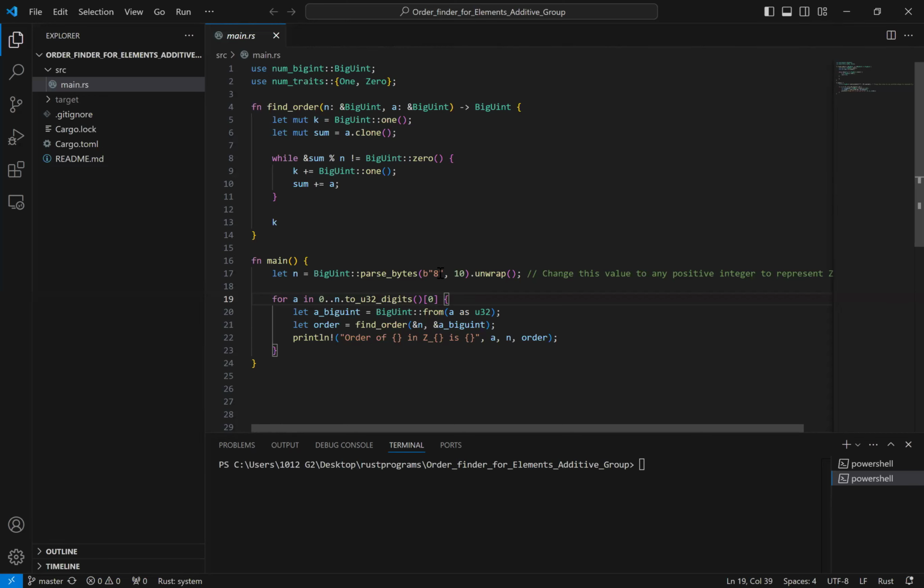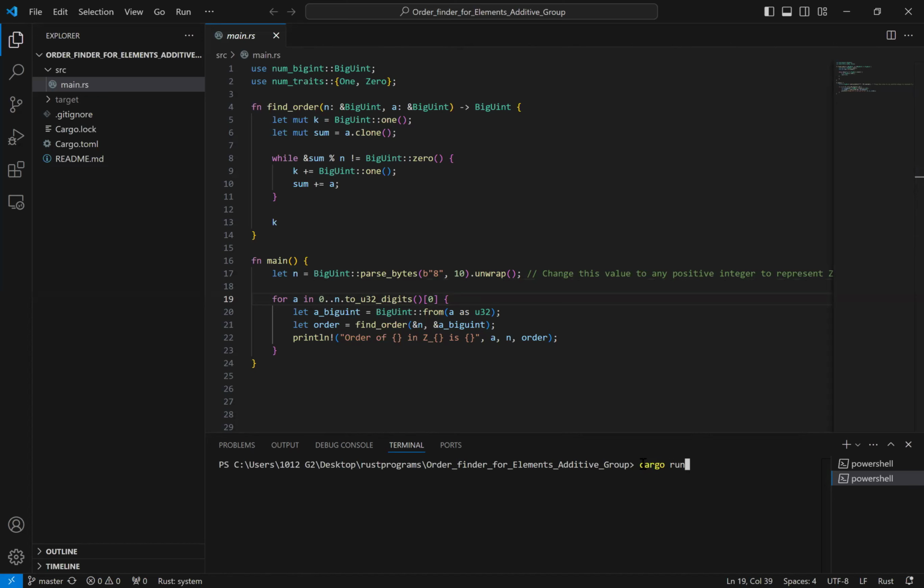But I want to use just 8, because it's supposed to give me the order of every element, so there will be so many. That is why I want to use a smaller number. Okay, so let me just run this code and see what it gives me.